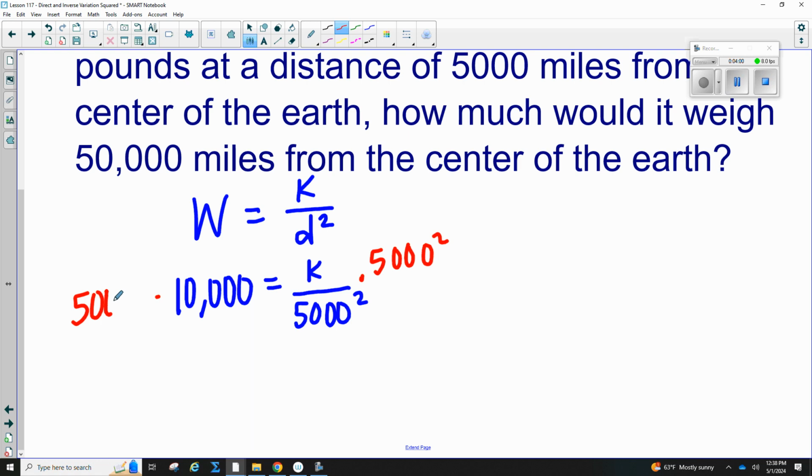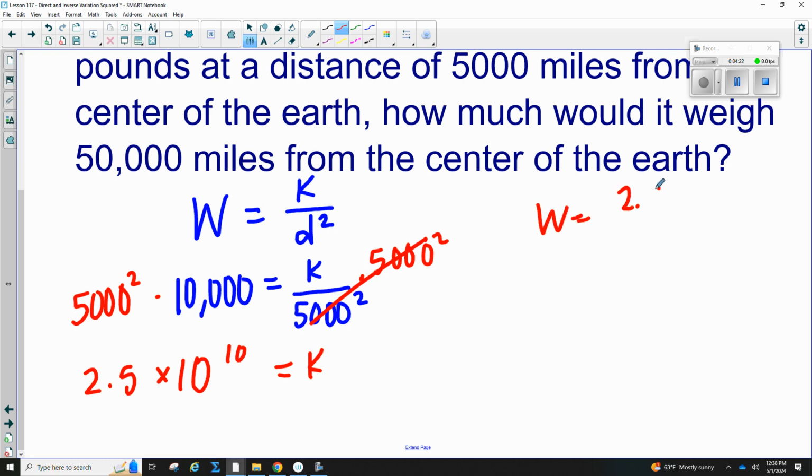That's going to be a really big K with a lot of zeros. All right. So we're going to multiply that out. And you should get 2.5, if you want to write it in scientific notation, times 10 to the 10th. All right, so now I know that weight equals 2.5 times 10 to the 10th over d squared; that's your K.